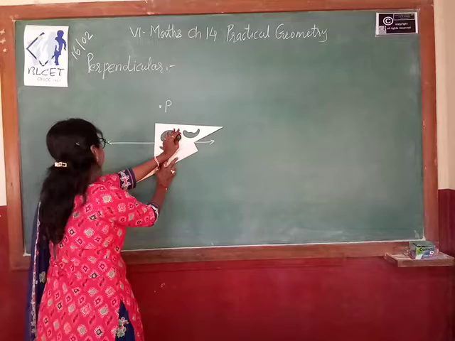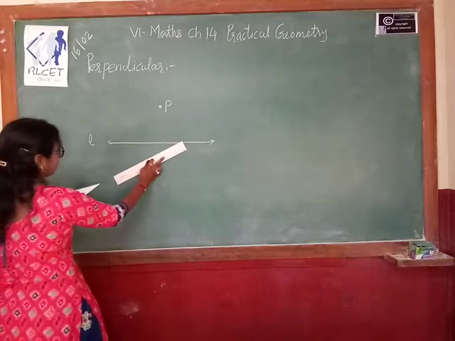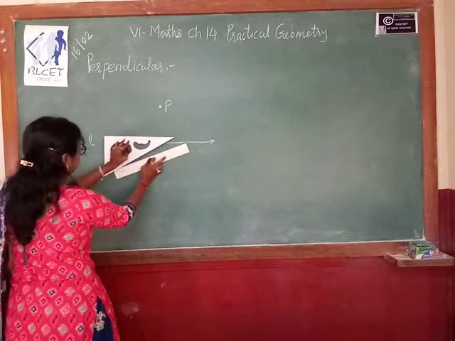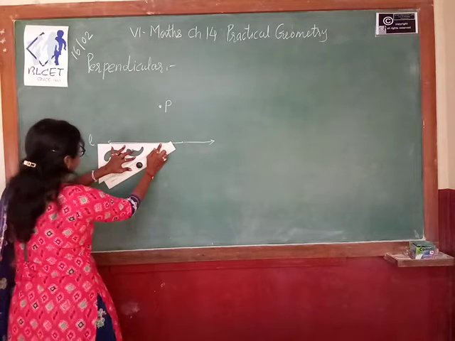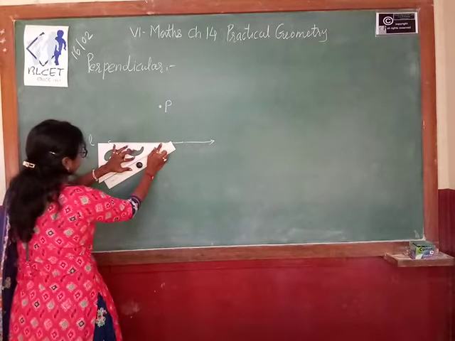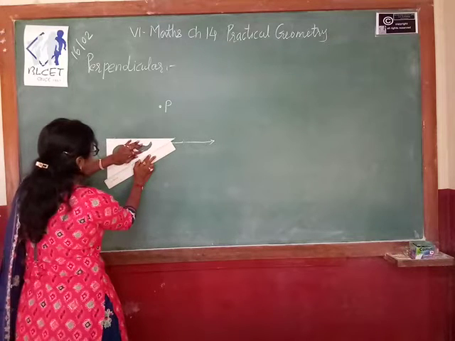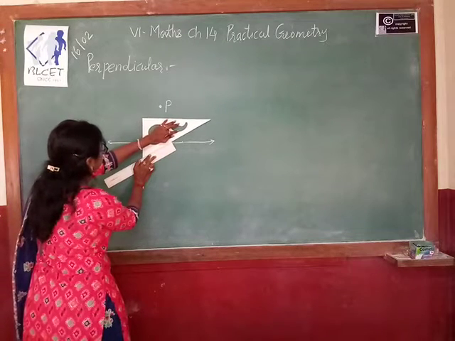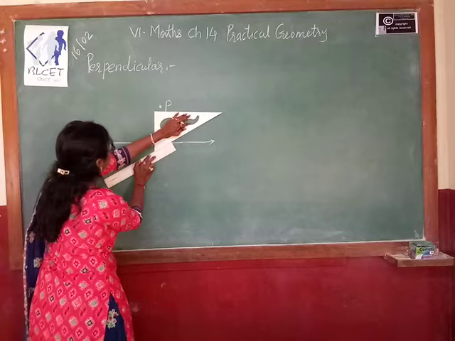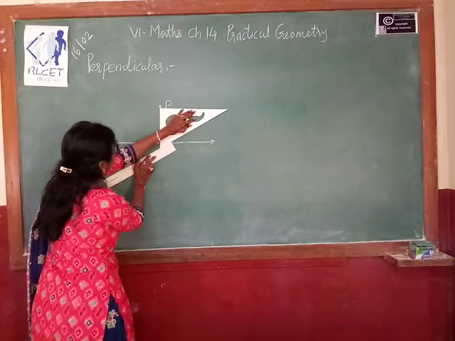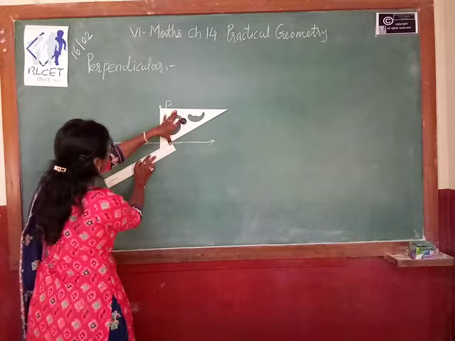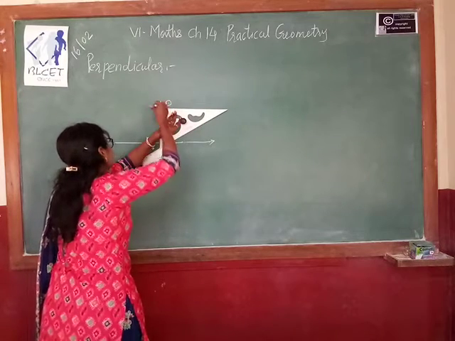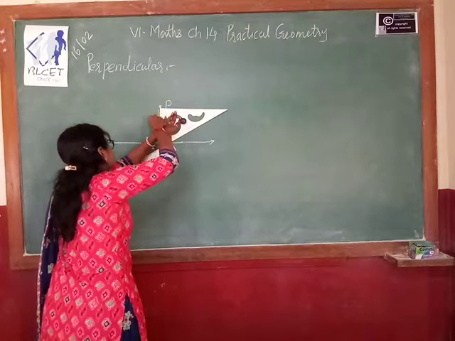Your point P is a little bit far away. Don't worry, you can keep your scale over here, just like this. Now we slide this. Okay, you reach point P. Now without disturbing anything, just draw the line.